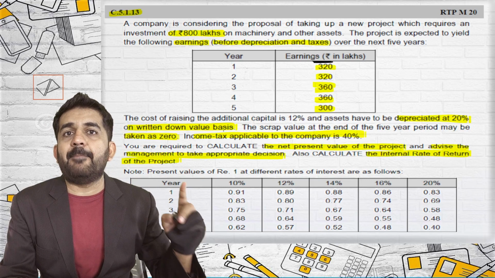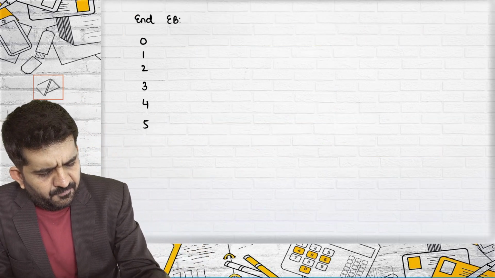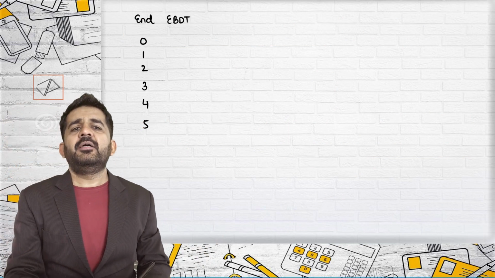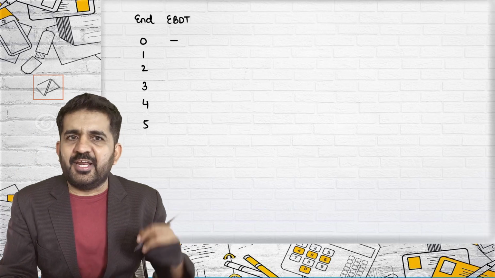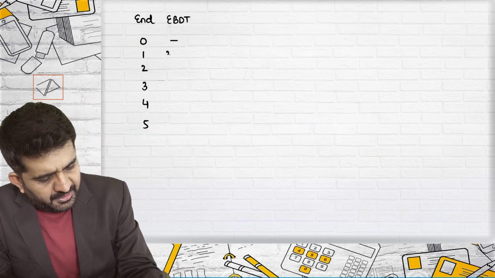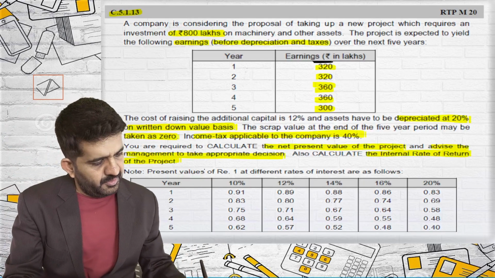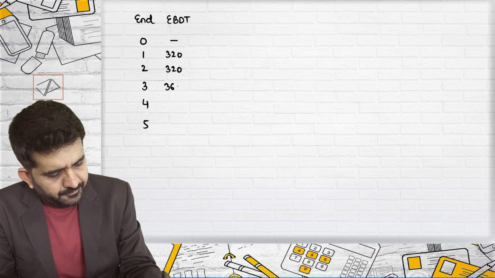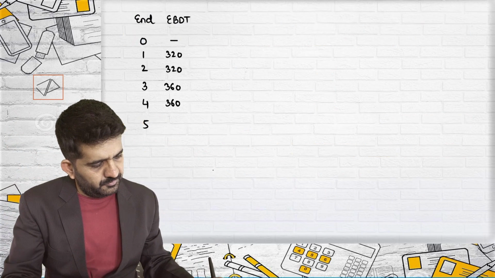Earnings before depreciation and taxes. In 0 year, there is no earning. Today, there will be no earning. Years 1, 2, 3, 4, 5: 320, 320, 360, 360, 300.